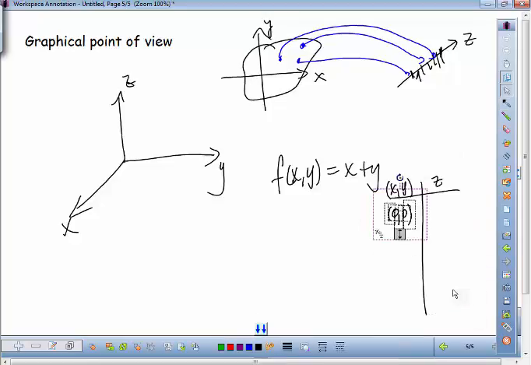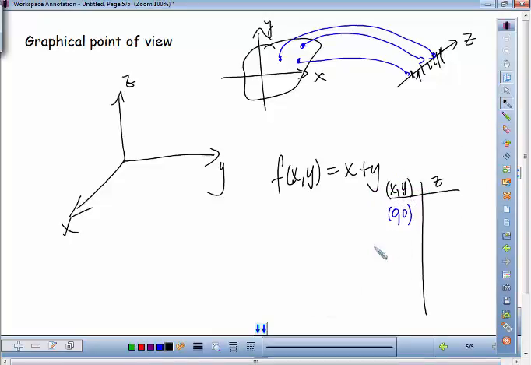So we can pick some random points like 0, 0, 1, 0, 0, 1, 1, 1. And then we can figure out, by putting the x and y values in, what these things are going to be.